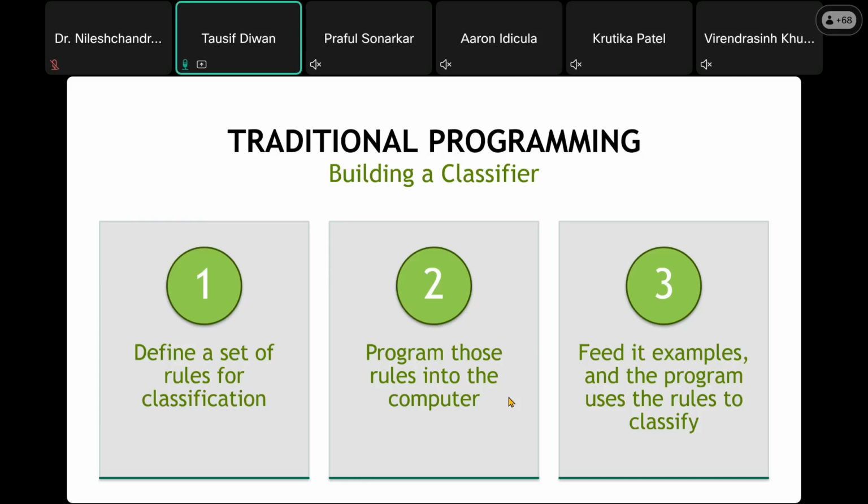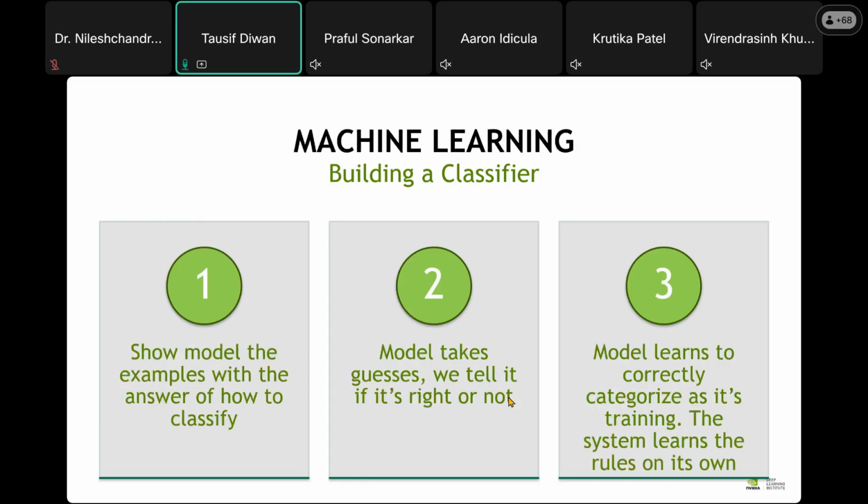When we do not have straightforward rules, and some ambiguity is there in the data or in the rules, then we should go for AI, ML, and deep learning. This is the major difference between traditional programming and non-traditional programming, meaning ML and deep learning.